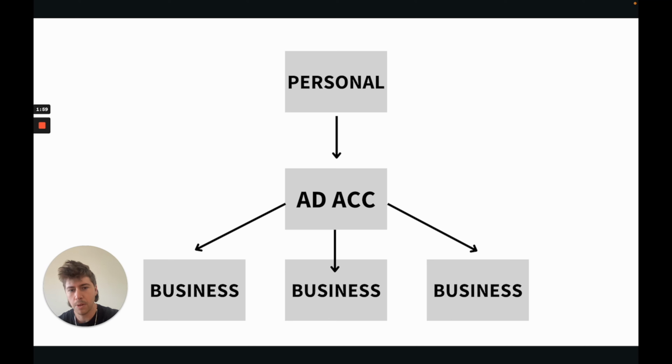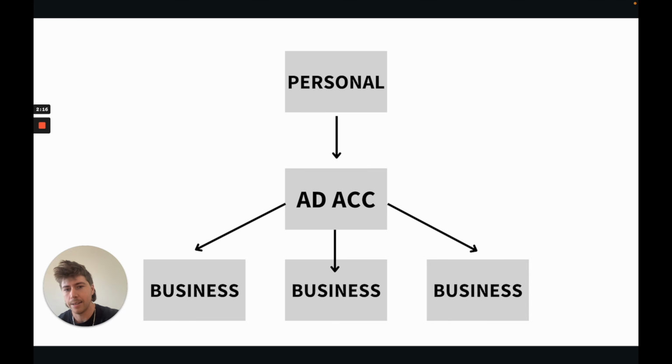So this is probably the worst setup that I commonly see, and that's when you don't have a business manager set up. You just have one ad account attached to your personal, and you run all the business's ads off this one ad account. This is terrible in many ways.